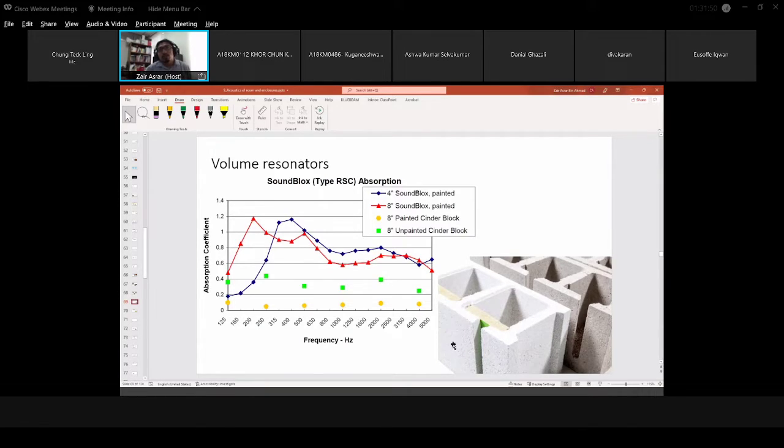So this opening is tuned to certain frequency, and to increase the performance of this Helmholtz resonator in the shape of concrete block, we can also put some absorption material here to increase the absorption along a much wider frequency range.